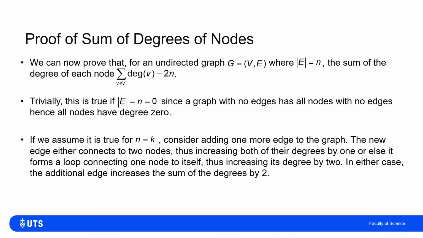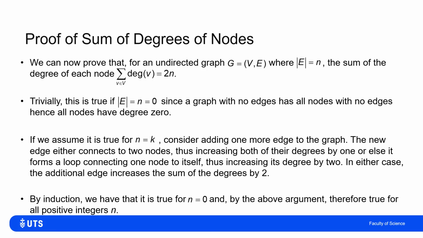Or it forms a loop connecting one node to itself, in which case I would still be increasing the degree by 2. So whatever I do, each time I add one more edge, I increase the sum of the nodes' degrees by 2. So because I know it's true when n is 0, and I know that each time I add 1 to n, I add 2 to the sum of the degrees, I've completed the proof.